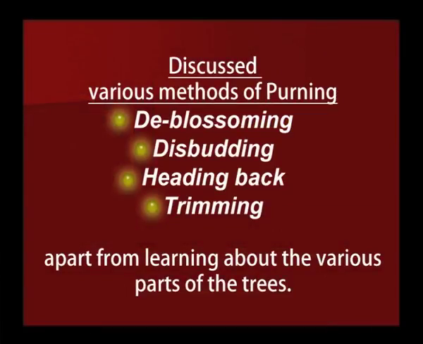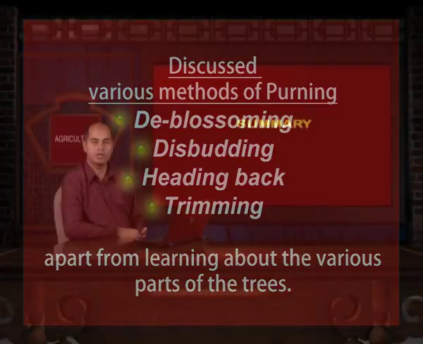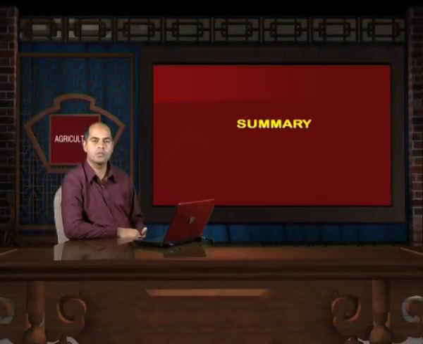We have also discussed about the various methods of pruning like deblossoming, disbudding, heading back, trimming, apart from learning about the various parts of the trees. This concludes the topic on pruning and training. Thanks for your attention.